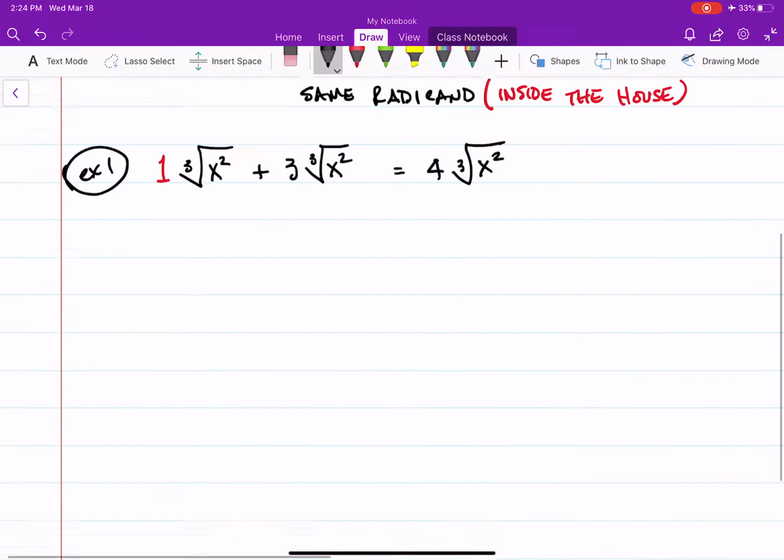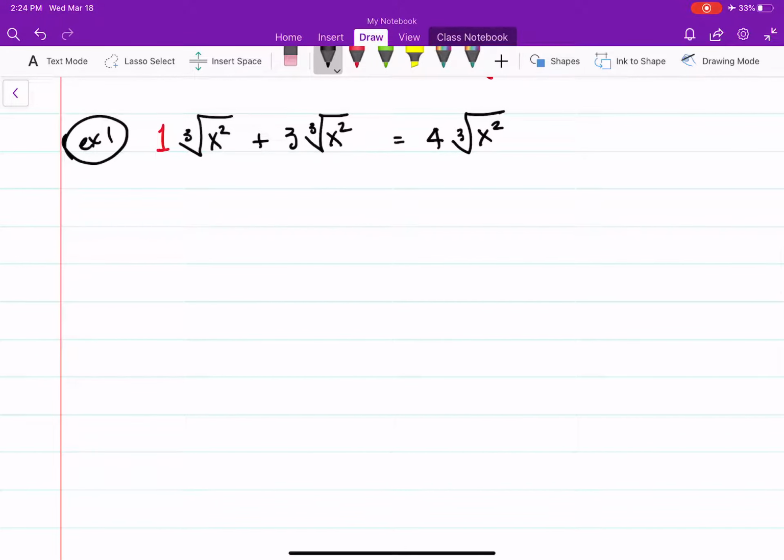Okay, so what if it was different? Let's say I had the cube root of x plus 3 cube root of x squared. Well, if you look at this, the index is the same, so the number in the wedge is the same. However, the radicand, the first term has x, the second term has x squared, so the radicand is different.